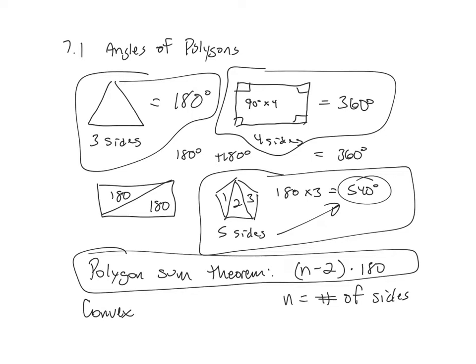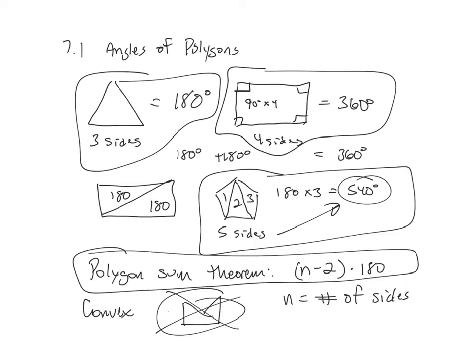So technically, that's a pentagon because it has 1, 2, 3, 4, 5 sides. They're not equal, so maybe I shouldn't have drawn it like that. But the interior angles will be different because that's not convex. Can't have that indentation in there.